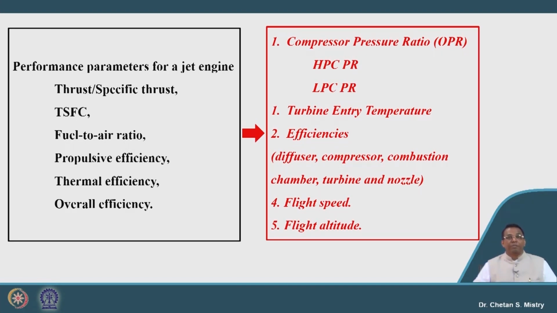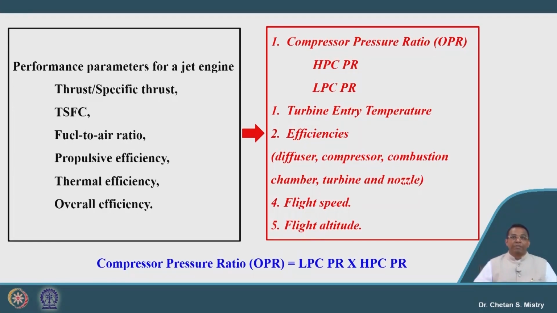The difference compared to the single spool configuration is that we have a high pressure compressor pressure ratio and a low pressure compressor pressure ratio. The overall pressure ratio is the LPC pressure ratio into the HPC pressure ratio.